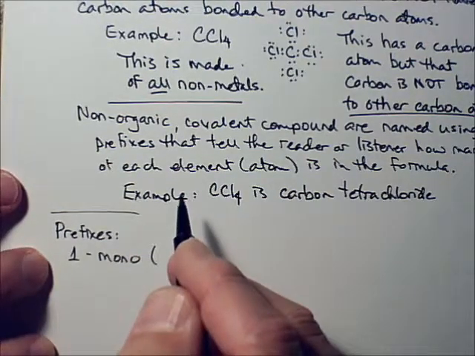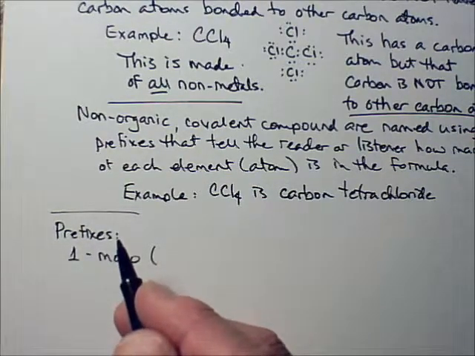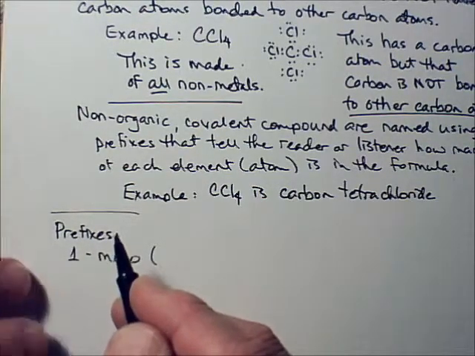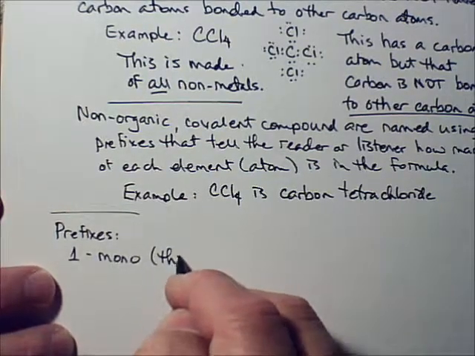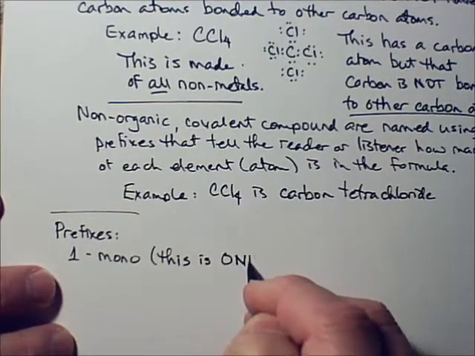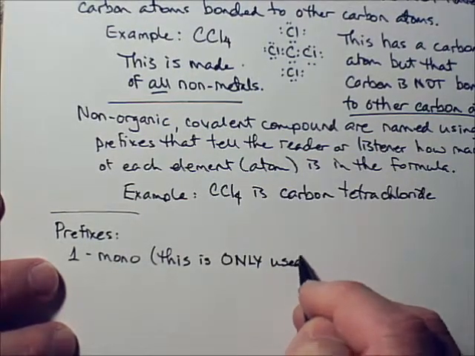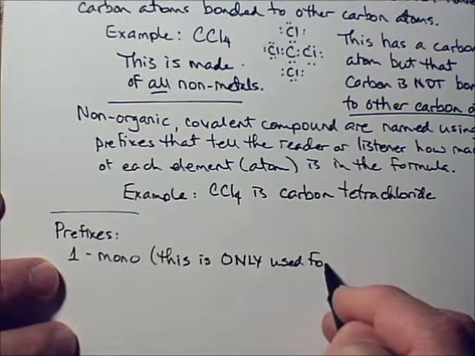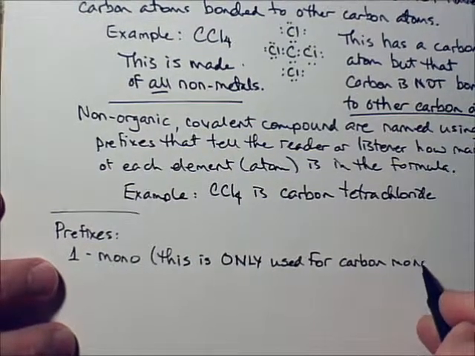In this class, I can't think of a compound where we'd actually use mono. We might, because commonly it's sometimes used, but let's just say the only time we use it with any regularity is for carbon monoxide.